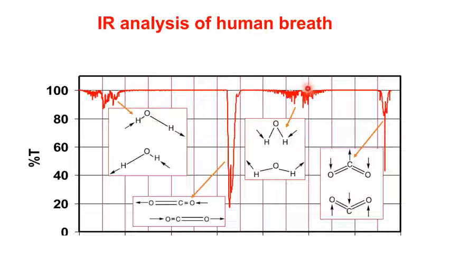The other two small bands are for the water molecule bending and stretching modes. You can see the antisymmetric stretch and this bending mode. So this is an example of an IR spectrum, and by looking carefully you will understand the carbon dioxide stretching and bending modes and the water molecule stretching and bending modes that we most probably have in our breath.